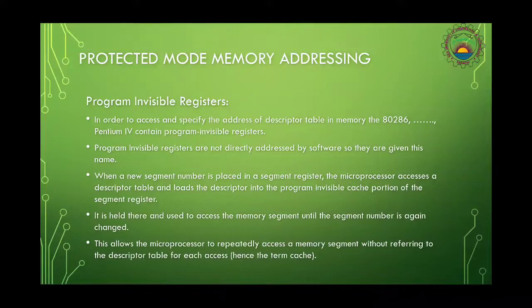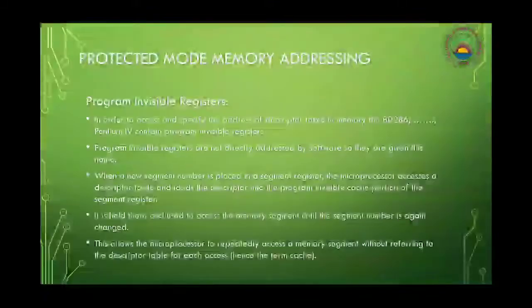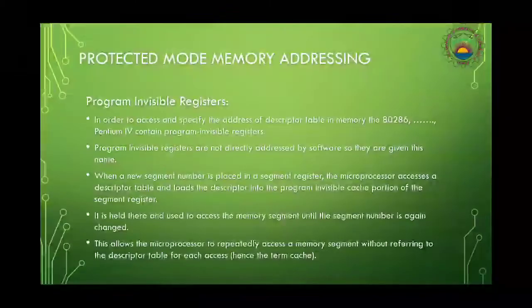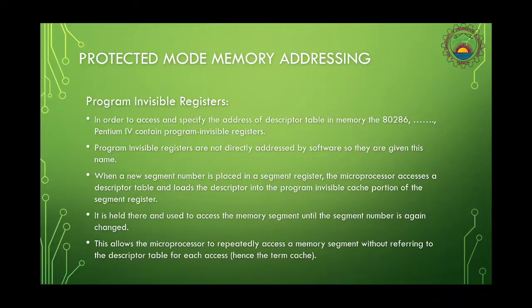But this program invisible register portion will be used for getting the base address of the segment, and offset addresses generated by the program will be added to the base address to calculate the physical address in memory where you have data or code. So this portion, the program invisible registers, is called cache memory when you are accessing memory in protected mode memory addressing.